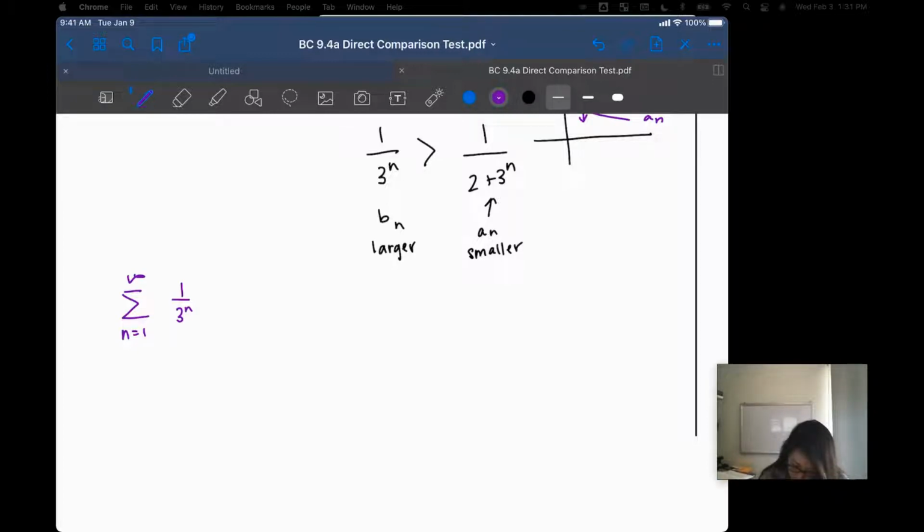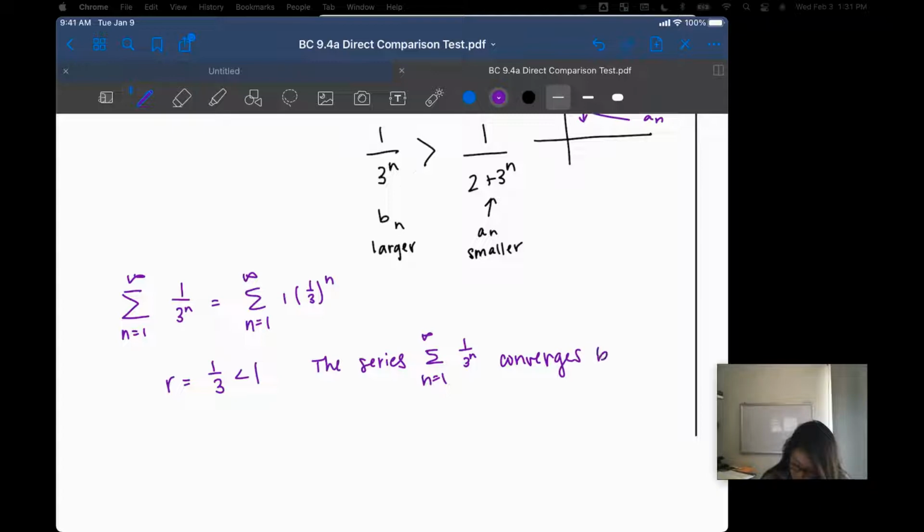This is a geometric series: 1 times 1 over 3 to the n. I see that my r value is 1/3, which is less than 1. So the sum from 1 to infinity of 1 over 3 to the n converges by the geometric series test.